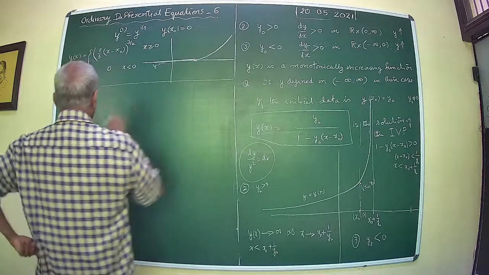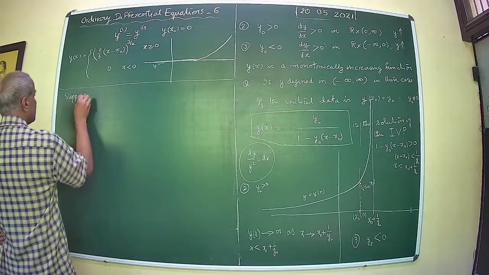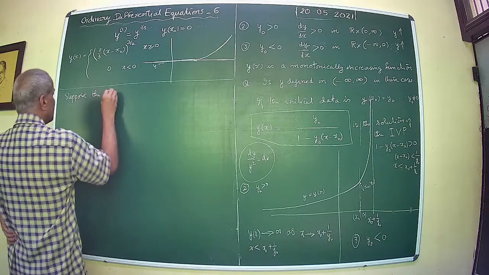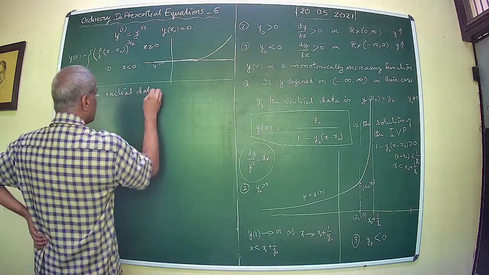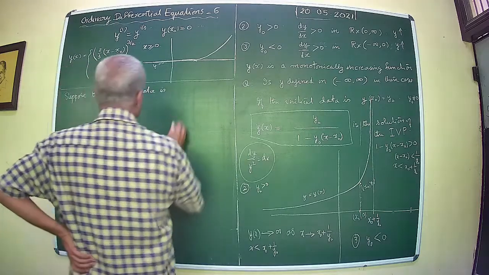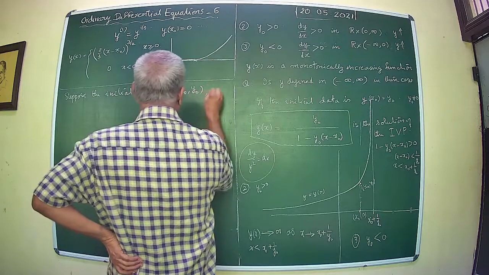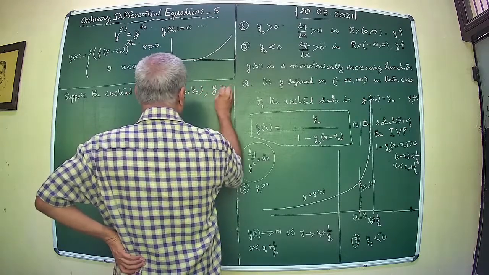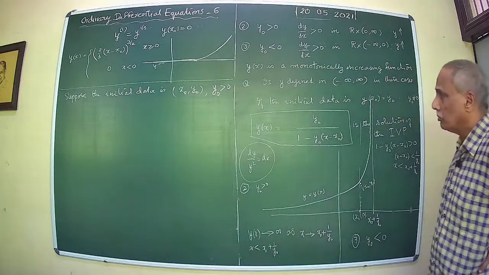Suppose your initial data is (x naught, y naught) where y naught is positive, not equal to 0.